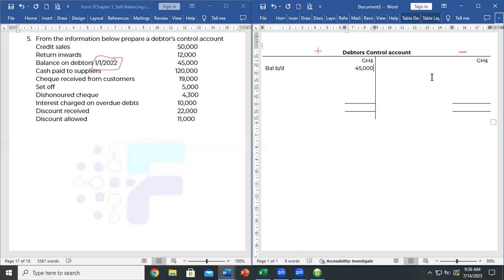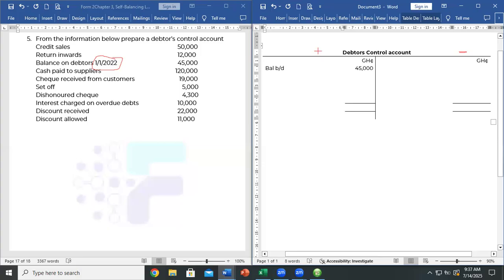But you are guided by debiting items that increase your friend's balance or debt with you. So you are the business, your friend is your debtor. If you sell to your friend on credit, that's the credit sales. What does it mean? It means your friend will be owing you more or the debt will be increasing. So credit sales increases the debtor's balance and it is debited.